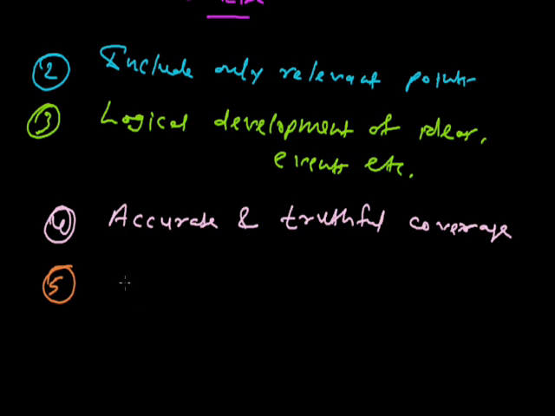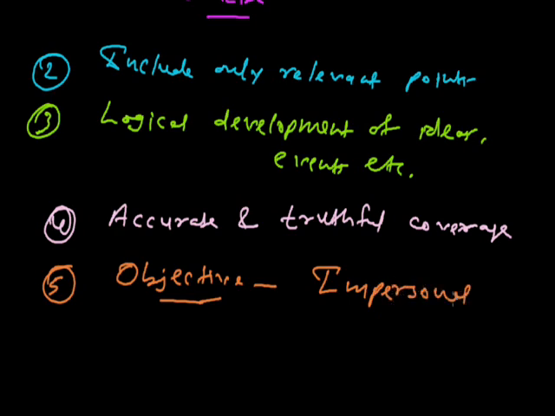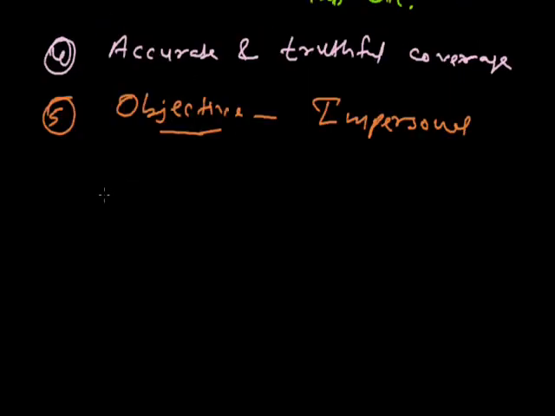Well guys, what I mean to say is it should be objective. Objective means impersonal. There should be nothing personal in this. You can't give your personal ideas. You can't share your own emotions about that thing. You can't even use first person pronouns. It should be in the third person.